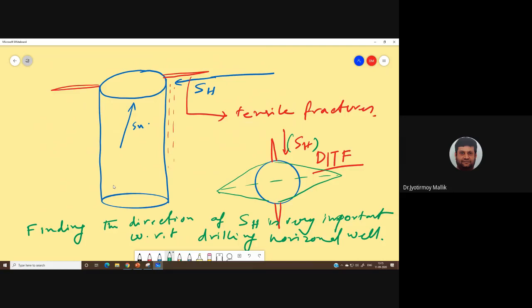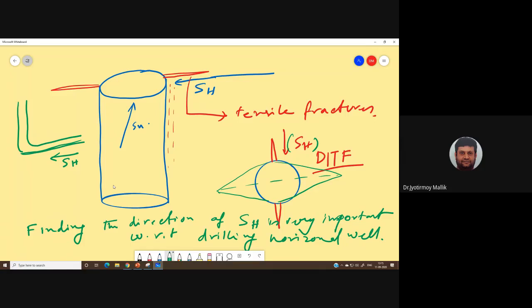And remember that while you drill a horizontal well, it's actually advisable in terms of wellbore stability, where your wellbore will be most stable, if I can drill my horizontal well parallel to S capital H. If I can drill my horizontal well parallel to S capital H, my wellbore will be most stable.